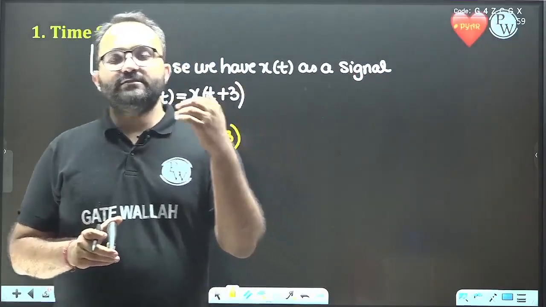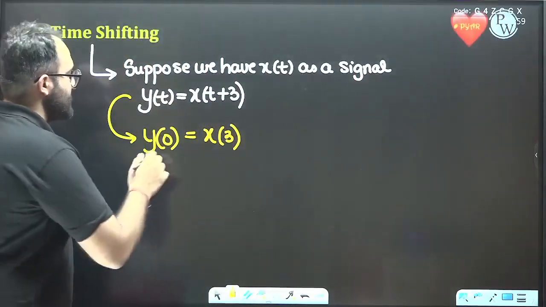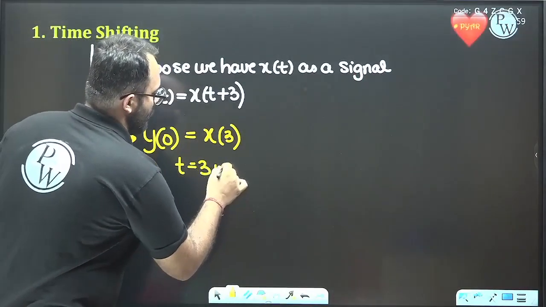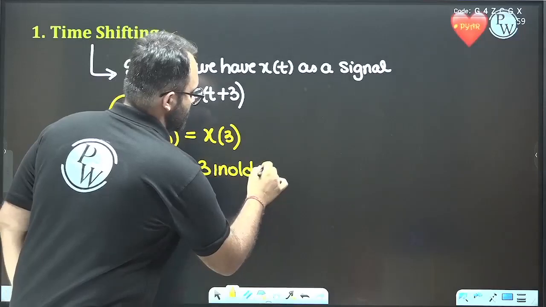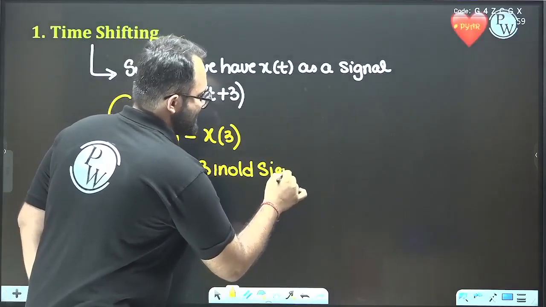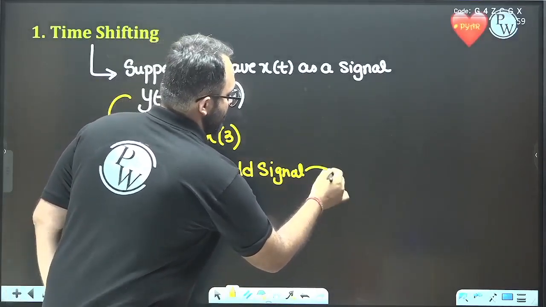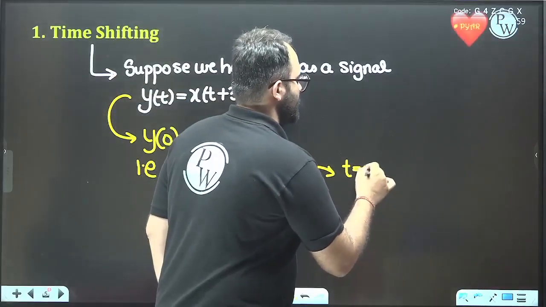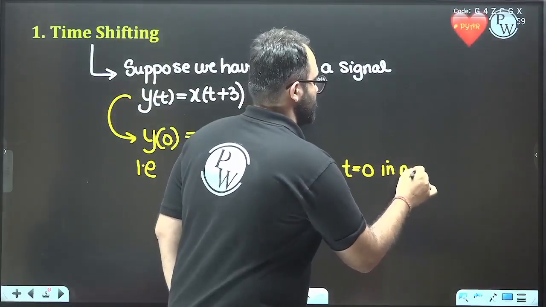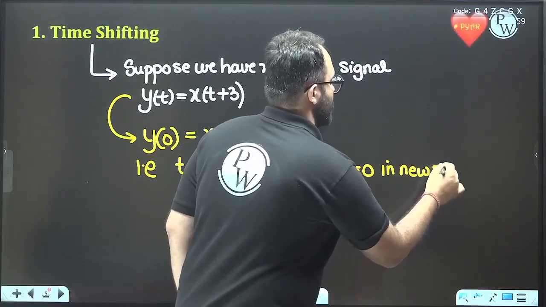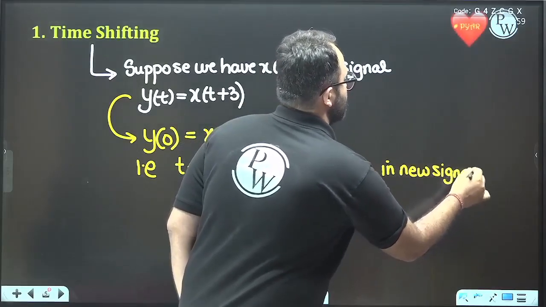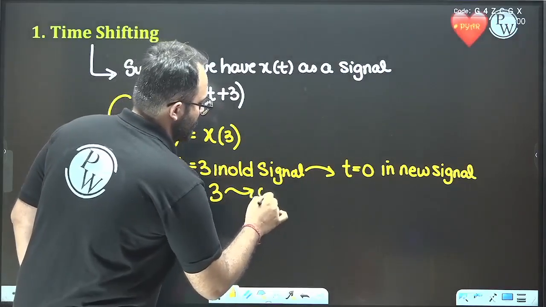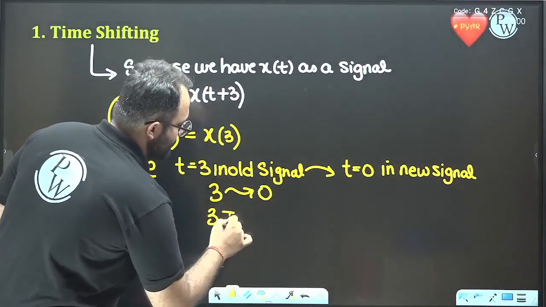That is, the signal at t equal to 3 in the old signal is going to t equal to 0 in the new signal. Or we can say that 3 is jumping to 0.